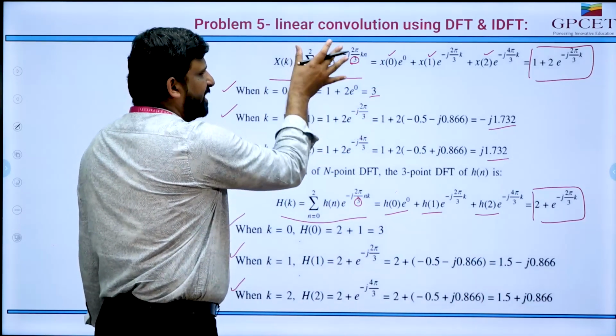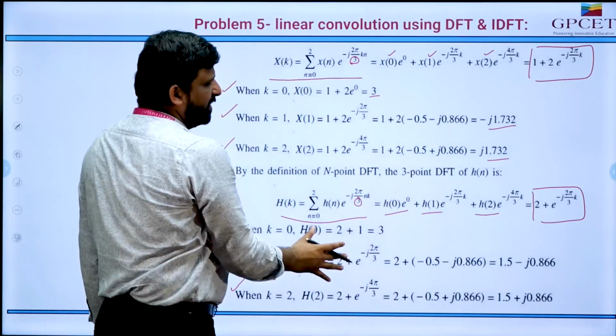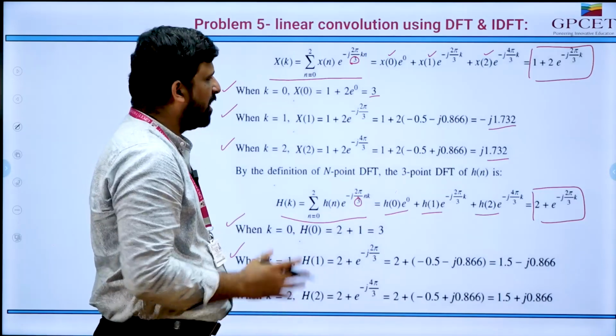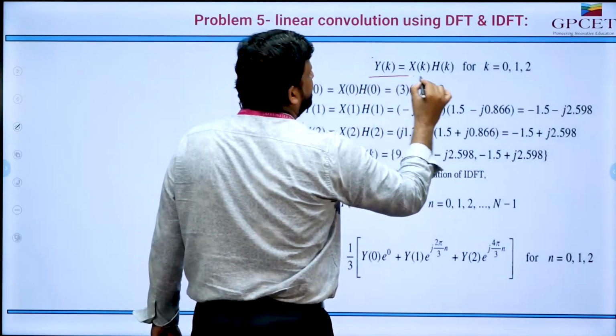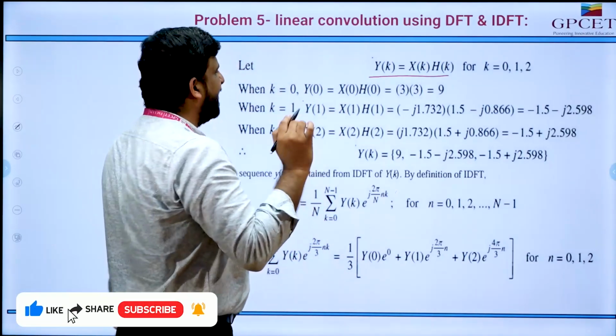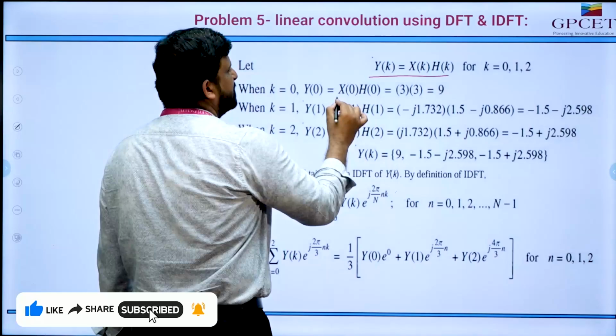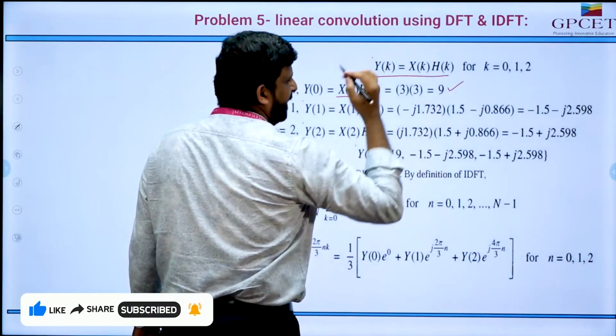So I got 3 values of x of k, which is the input sequence, and 3 values of h of k, which is the impulse response. After getting this, we have to do the multiplication: Y of k is equal to x of k into h of k. For k is equal to 0, x of 0 is equal to 3 and h of 0 is equal to 3, so the first value I got is 9.